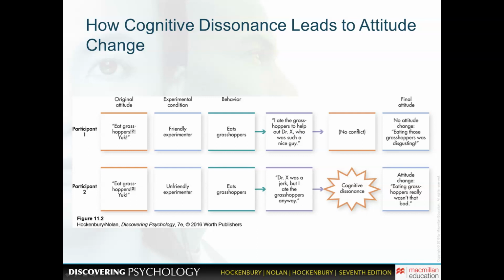So feel free to pause the video here and take a look at this. I actually gave the examples right here. This is when one changed one's attitude, right down below here, the attitude change, participant number 2.